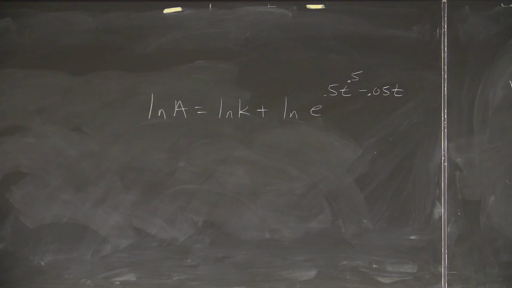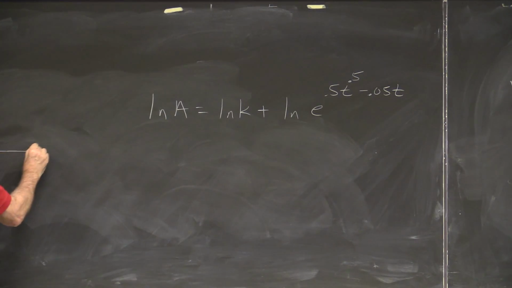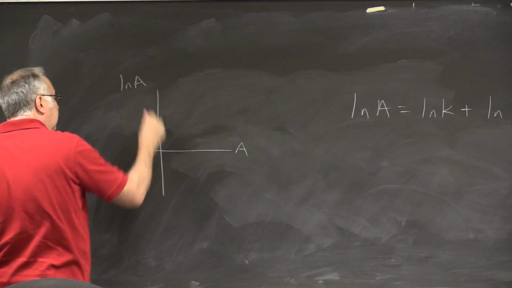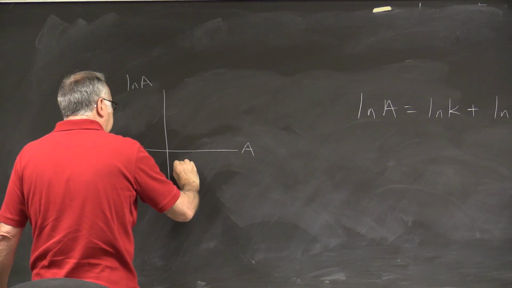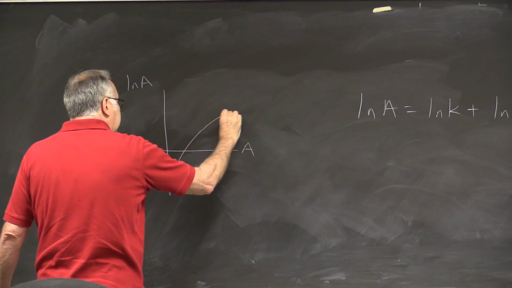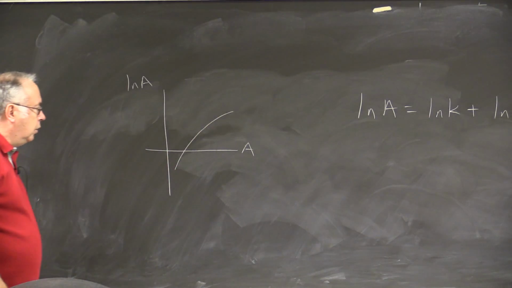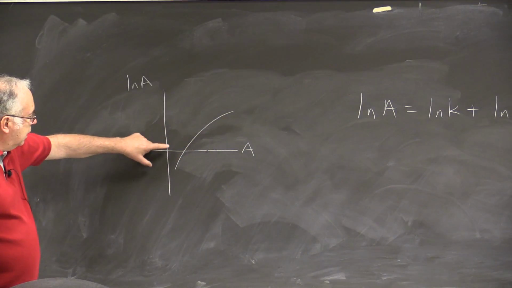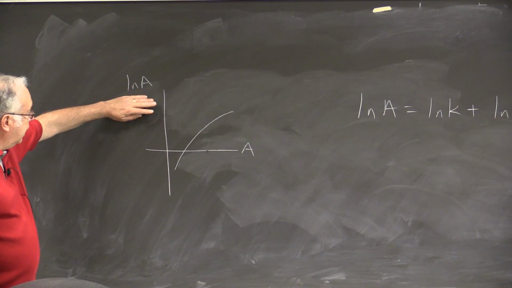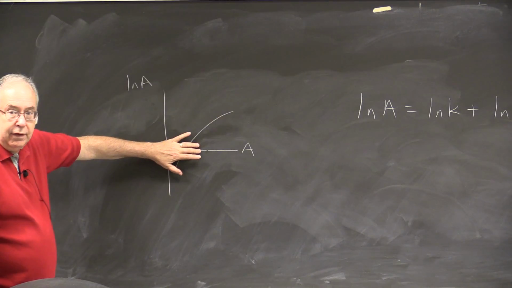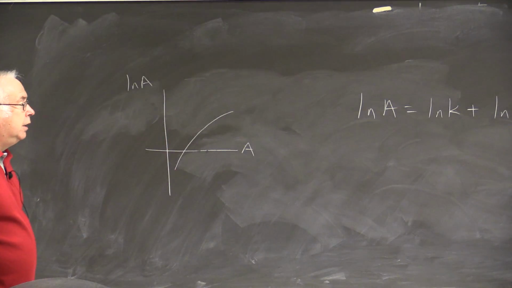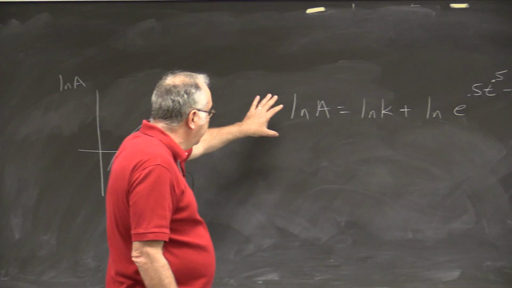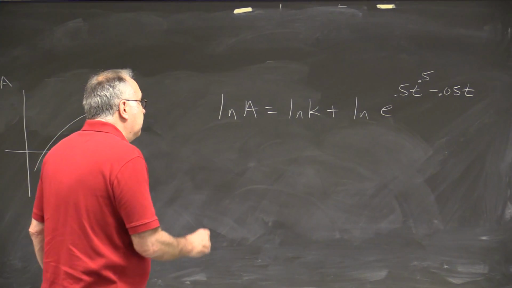If you look at the graph here, here's A, here's the natural log of A. This function would look like this. It's always rising. So the highest value of log A, rather, will give you the highest value of A. Okay. That trick makes this a lot easier to do. So let's maximize log A.